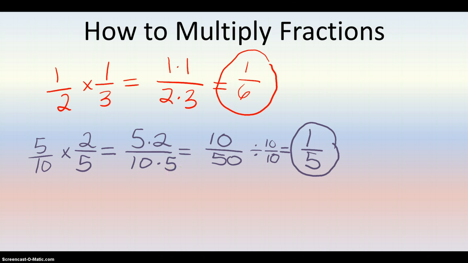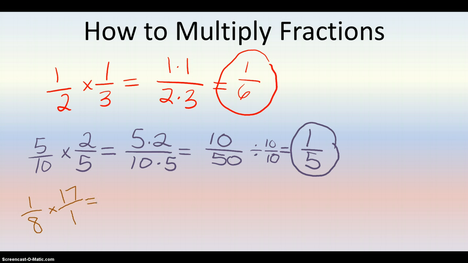What if I have an improper fraction? Well, that's easy to take care of too. So, for example, maybe I have 1/8 times 17 over 1.